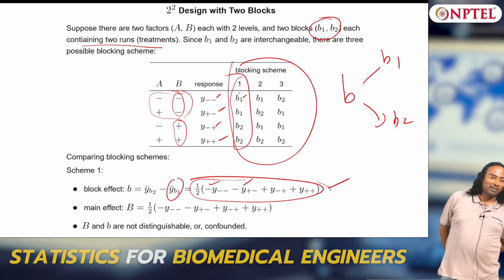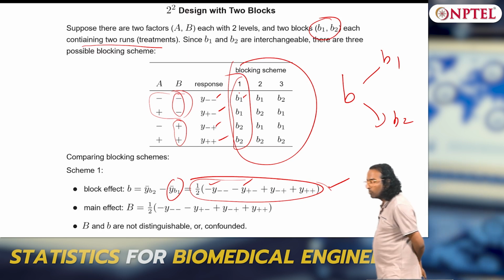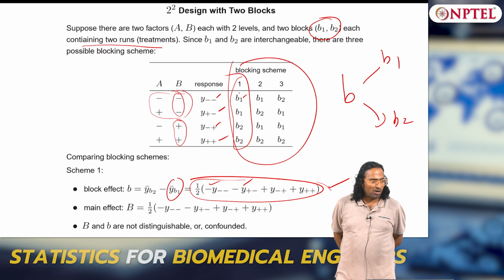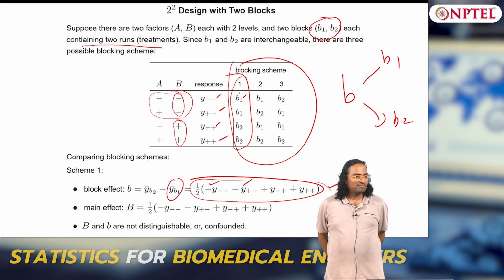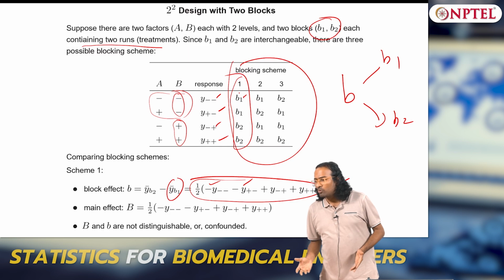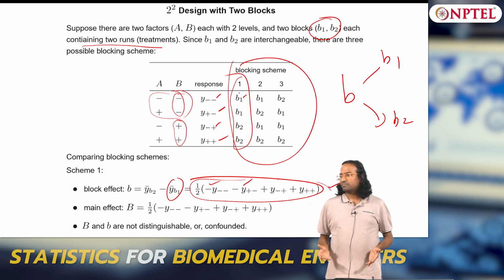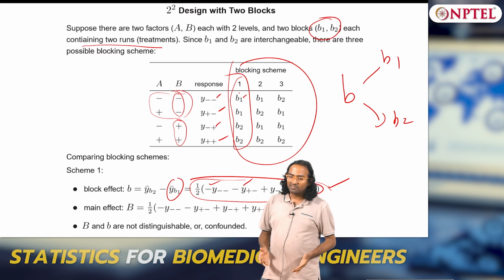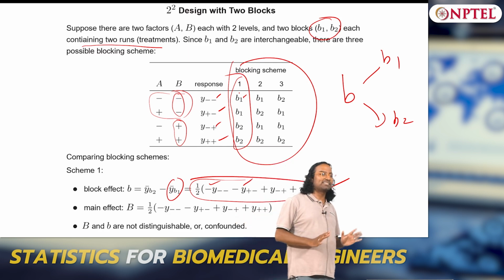Now tell me, is this net output due to variation in A, B, or is it due to variation in blocking? No answer. We will not be able to answer this, right. That is the challenge.